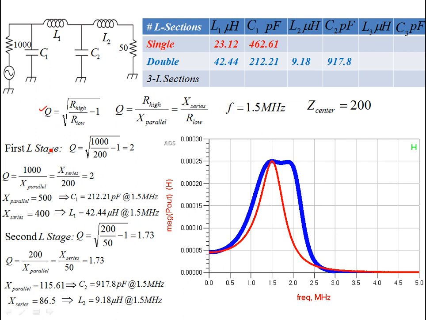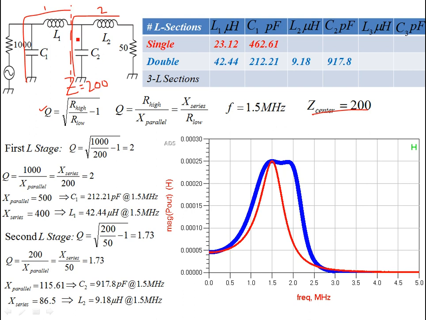Continuing the same method. Okay, now for example here you have two L sections. With two sections, we have just one center impedance, which I've set equal to 200. This 200 is in between 1000 and 50, as we've discussed before. So over here my Z is 200. This is your second L section, and this is your first L section.